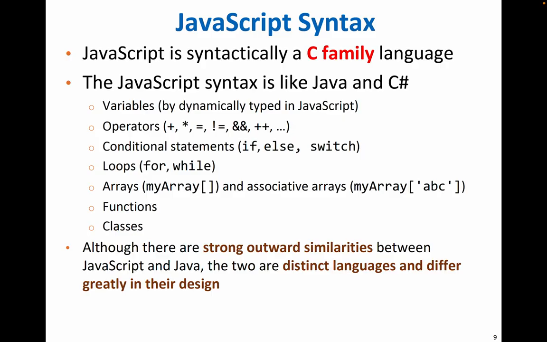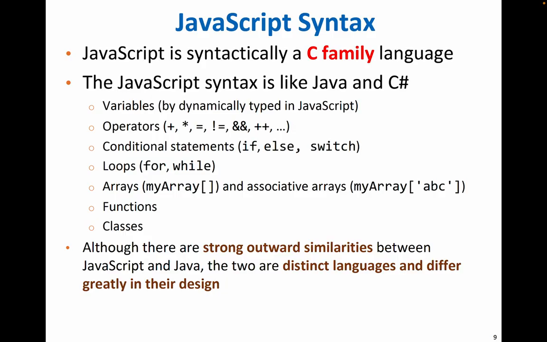Syntactically it is a C family language, and normally there's no historical relationship between JavaScript and Java. Like they are different programming languages, so it's not the case that one of them is derived from the other one, even though their names are similar.